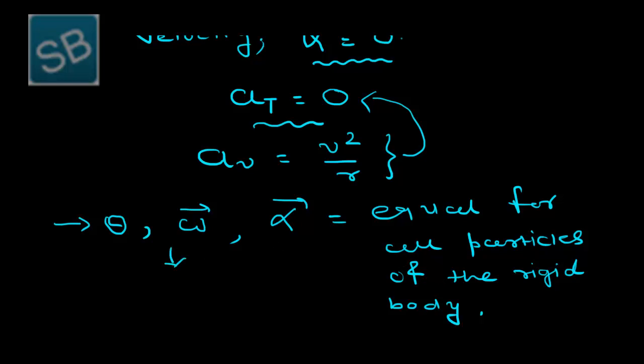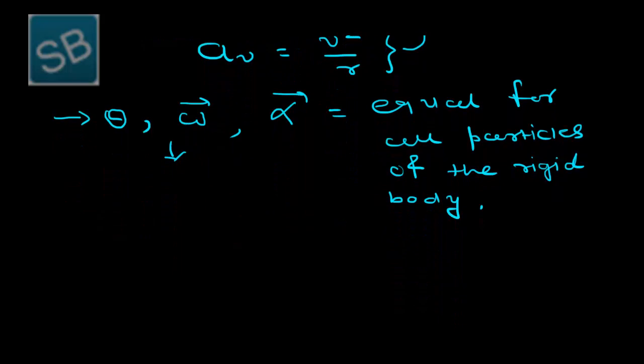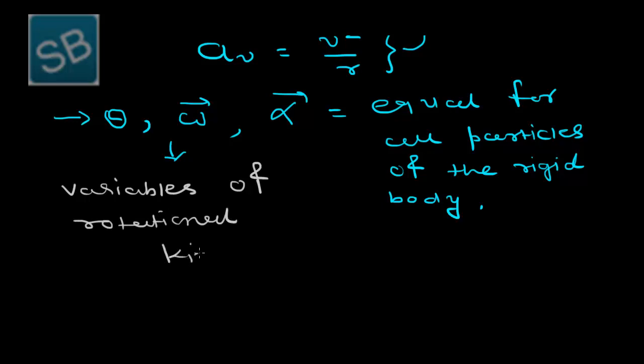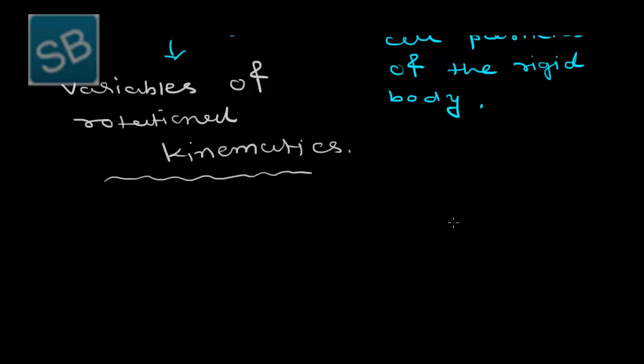So these three are now known as the variables of rotational kinematics. See why they have used this word rotational kinematics. This is because till now we have not discussed any kind of reason why such motion occurs. So they have written over here kinematics.